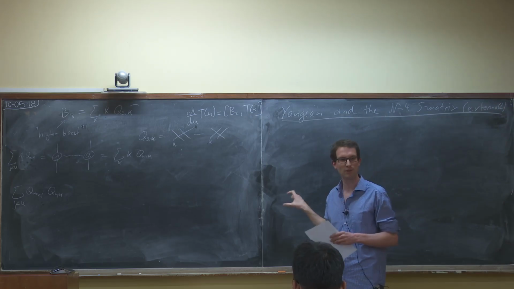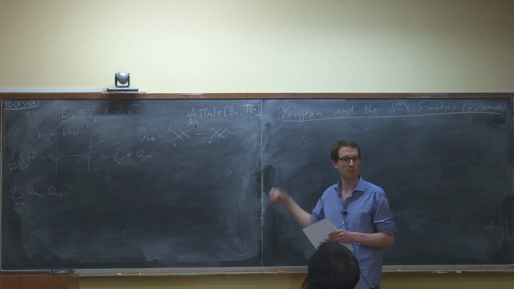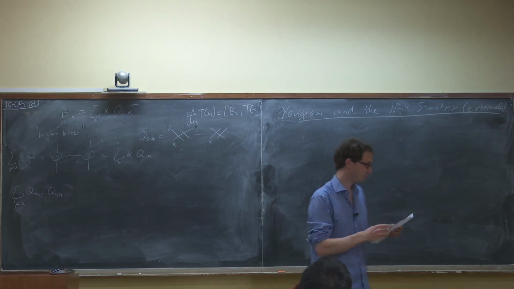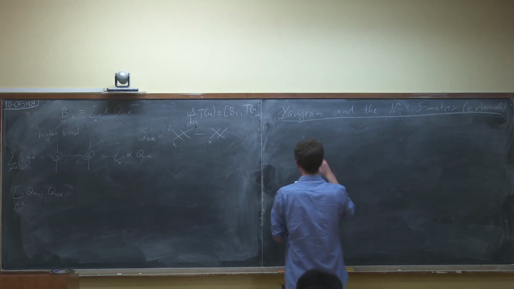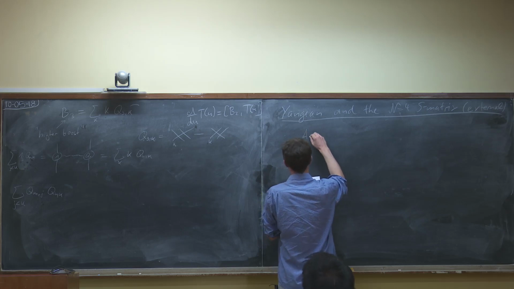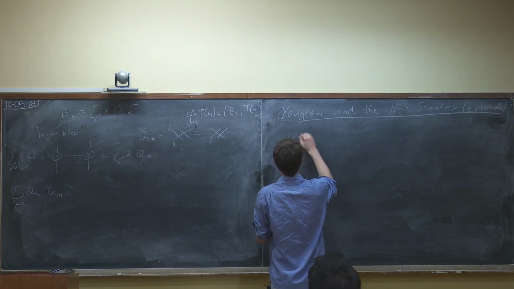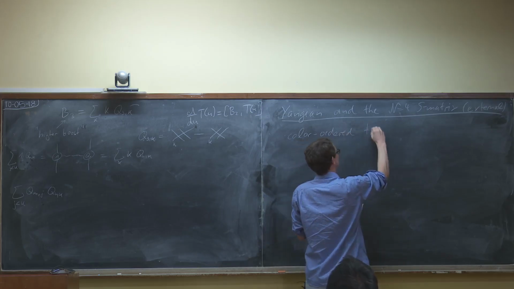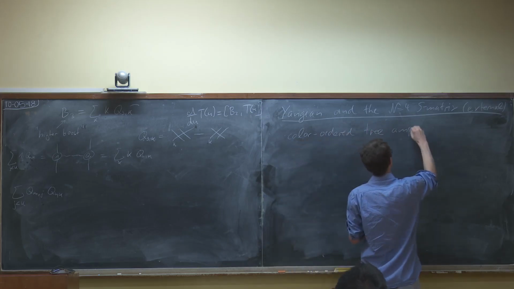So now I'm not talking about this auxiliary S matrix on the spin chain anymore, but now I'm really talking about 4-dimensional scattering amplitudes. Yeah, and as I said already on Monday, so let's look at color ordered tree amplitudes.